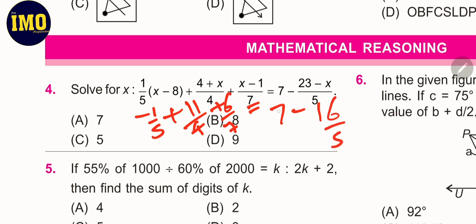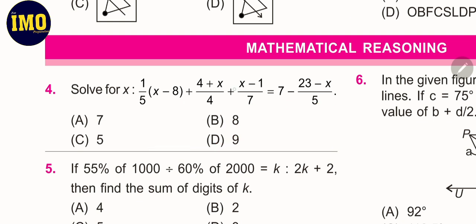Now we can say the denominator of the right hand side is 5, but here we get 3 denominators. So is it possible now to solve this question? No, my dear, this value is not correct. We should move to the next value.